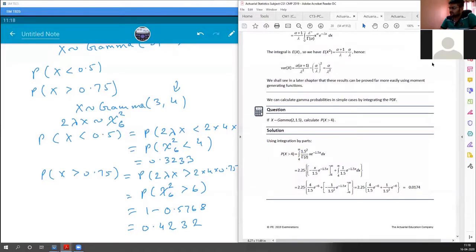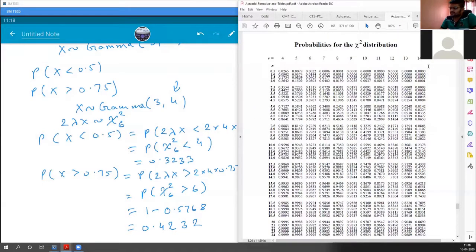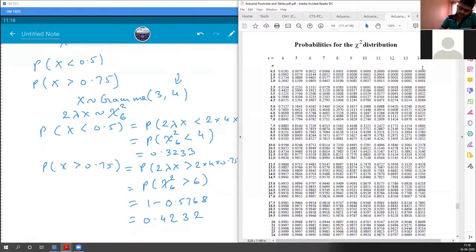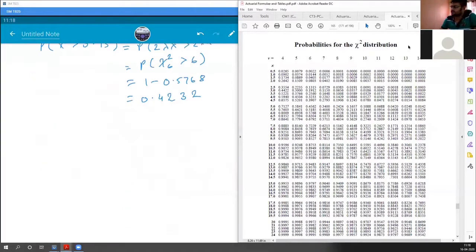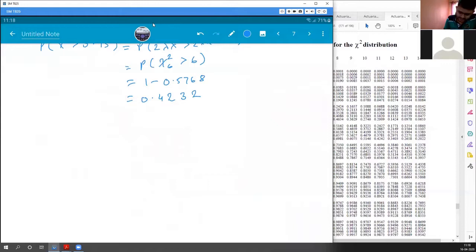Now in our table formula book, we also have chi-square expected value and variances and stuff. So we'll require expected value and variance. Now exponential was a special case of gamma distribution.